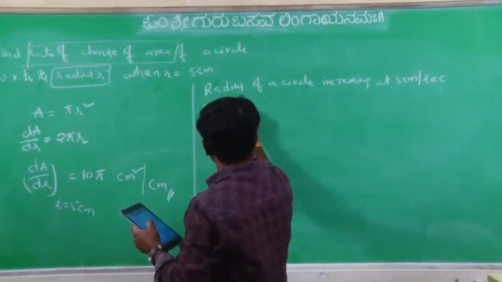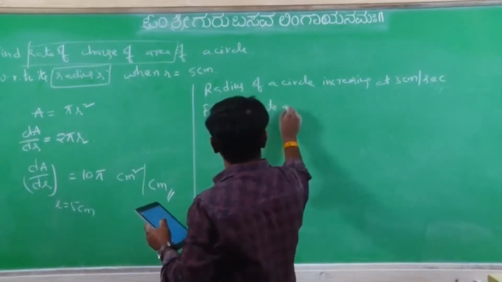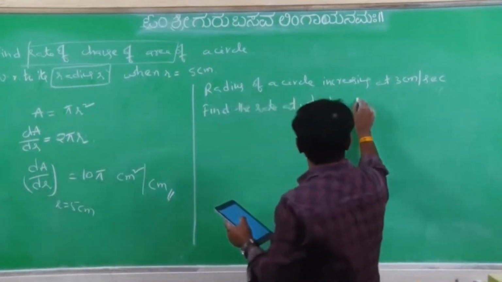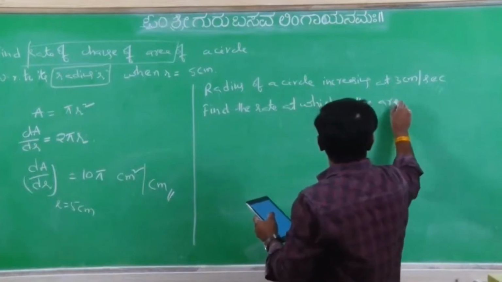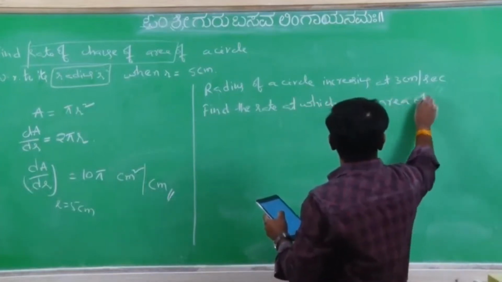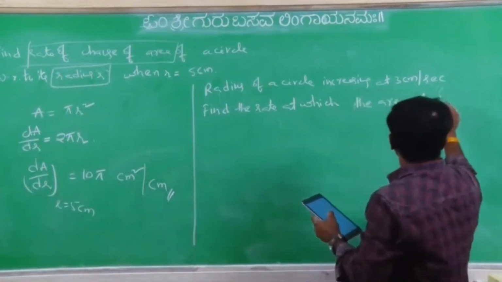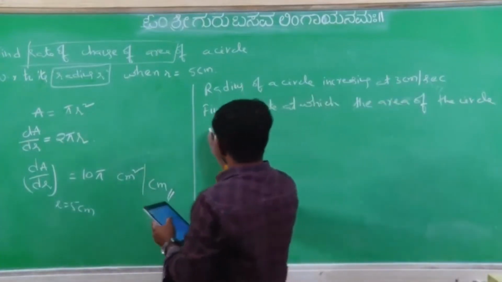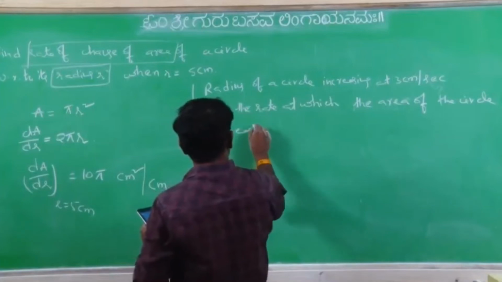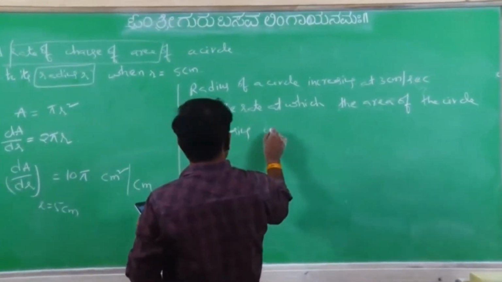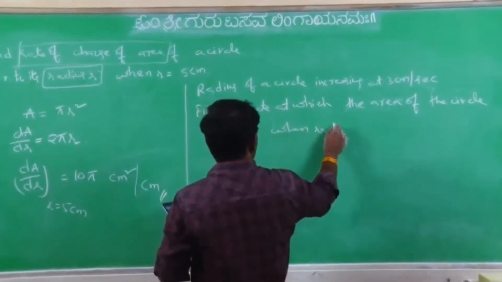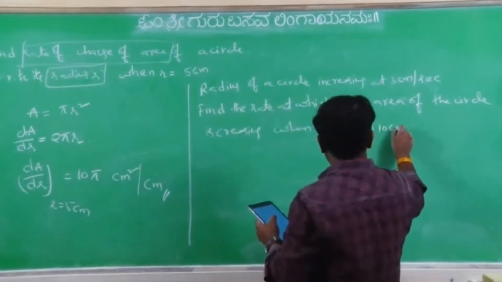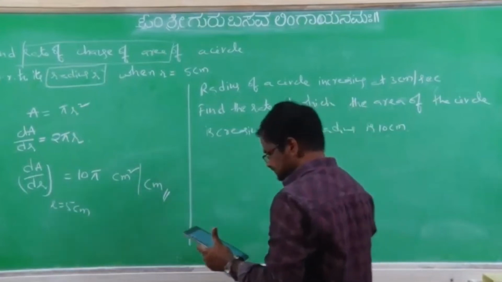Find the rate at which the area of the circle is increasing when radius is 10 centimeters.